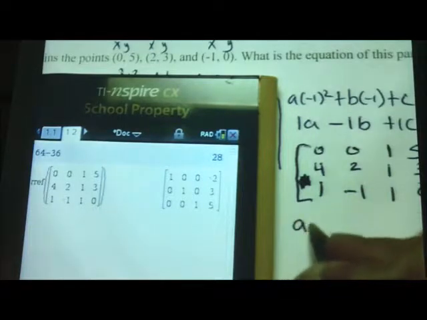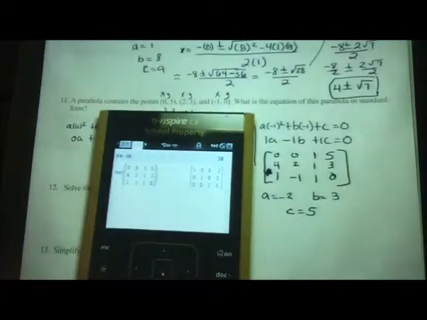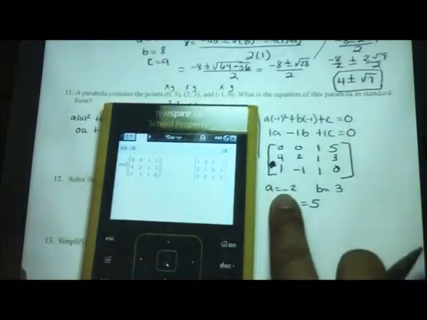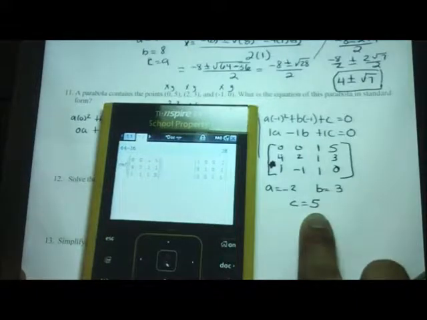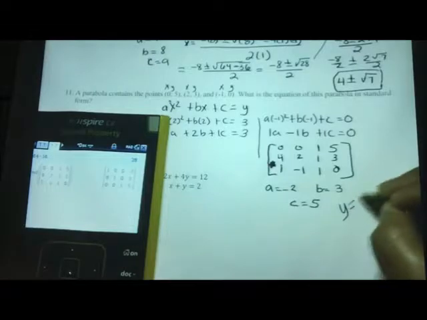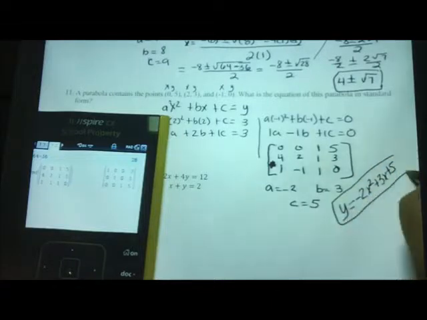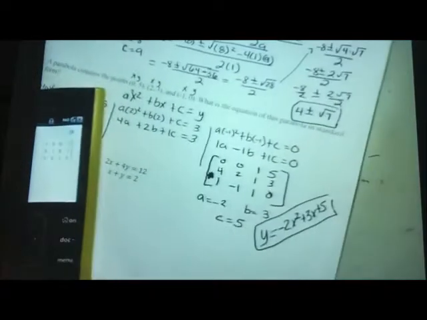So A is negative 2, B is 3, and C is 5. So let's zoom this out a little. A is that, B is that, and C is that. So that tells me my equation would be y equals negative 2x squared plus 3x plus 5. So there's my answer.